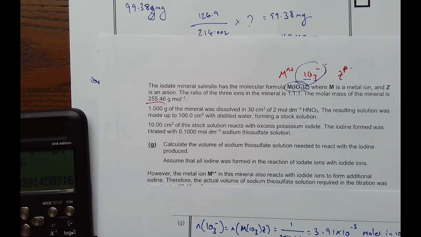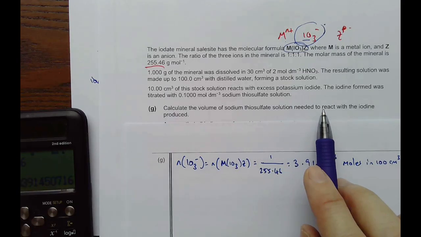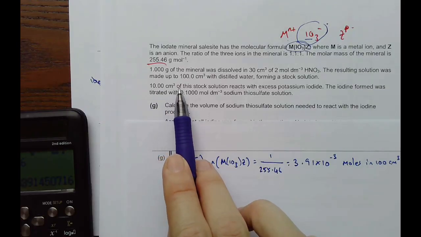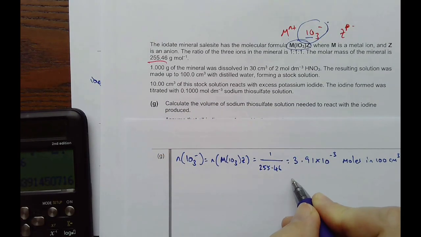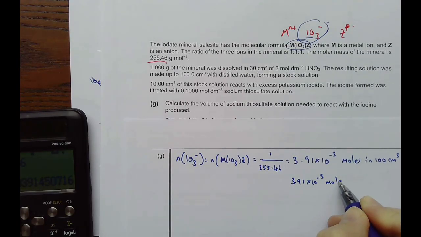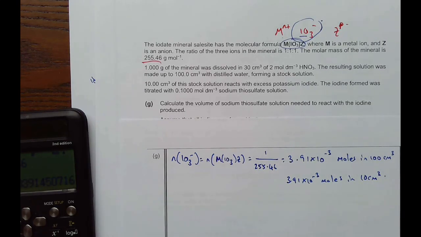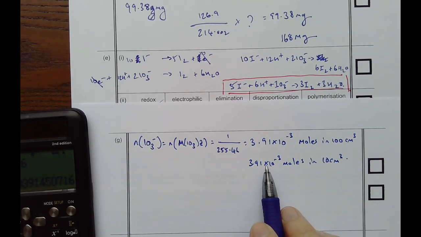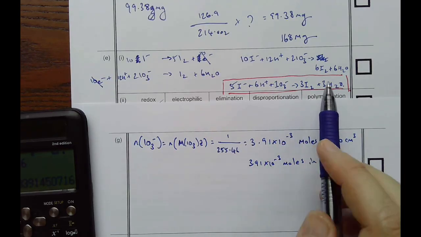Okay, but I am asked to calculate the volume of sodium thiosulfate needed to react with the iodine produced. Well, only 10 centimeters cubed of that was reacted with the potassium iodide. So I'm going to have 3.91 times 10 to the minus 3 moles in 10 centimeters cubed. Okay, so if I've got that many moles of my iodate, I'm going to make 3 times as much iodine.